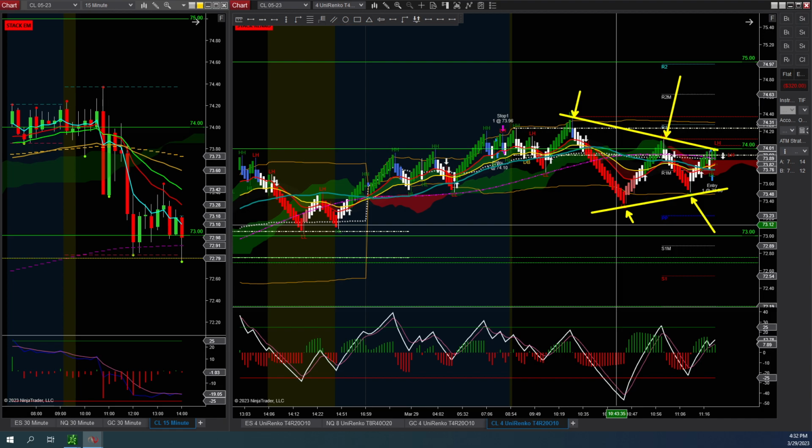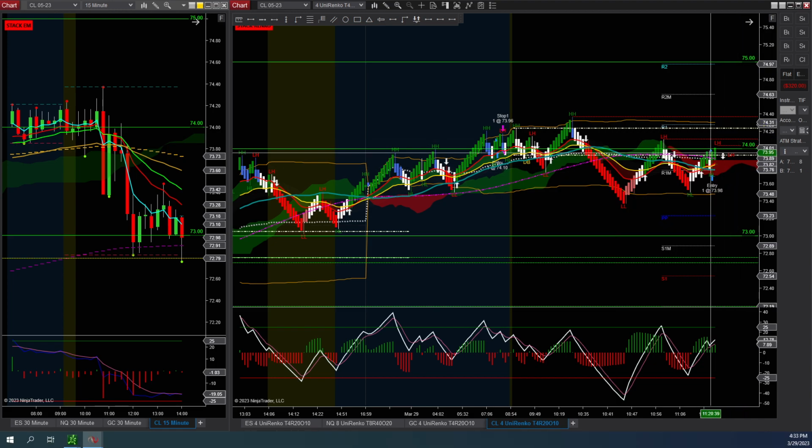However, at this point, I thought, okay, this one is going to move to the upside. It's going to break this downtrend line, and it's going to move up above 74. And my expectation was that it was going to go all the way to 75 probably. So I took that trade right here.